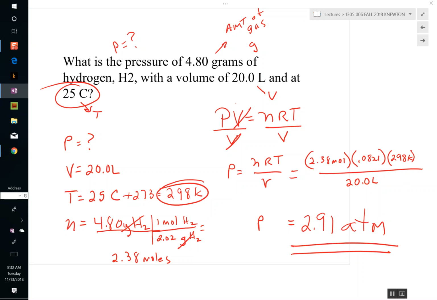Combined. Okay, Avogadro. Avogadro relates volume to what? Moles. Volume to the moles.